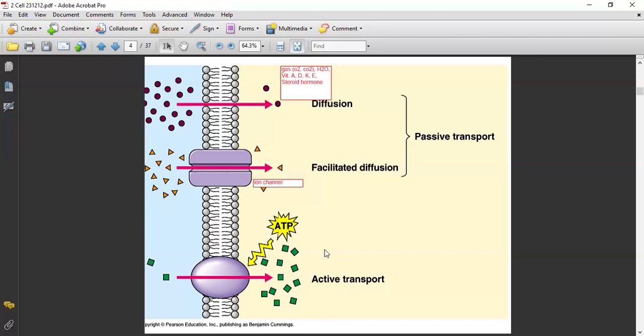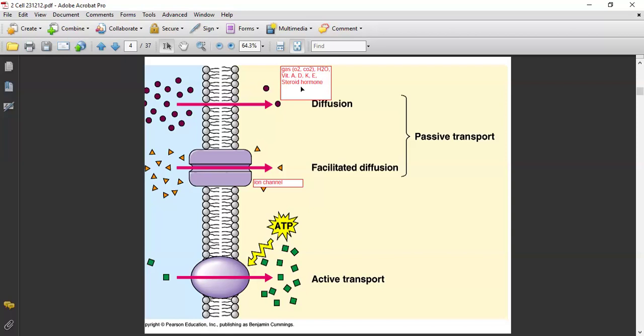The difference between these three: with simple diffusion, you don't need any protein. But because you don't need any protein, the molecule has to move across lipid, so it has to be lipid soluble. So you can see that the contents are very restricted: you can only have these gases, water, vitamins A, D, K, E, or steroid hormone.